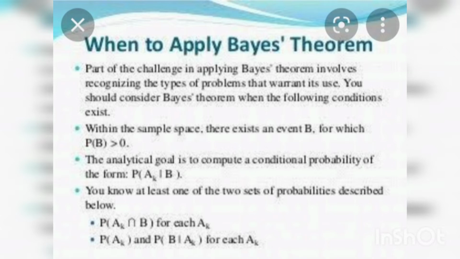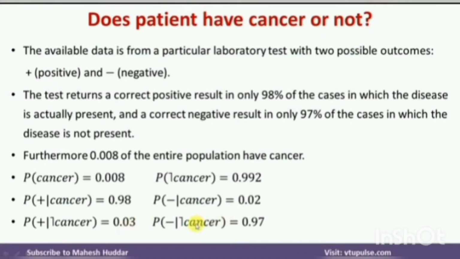The analytical goal is to compute the conditional probability of the form P of A given B. This is also one of the important rules to apply the Bayes theorem. The last one is that at least one of the two sets of probabilities described below must be known. So it is also one of the applications.